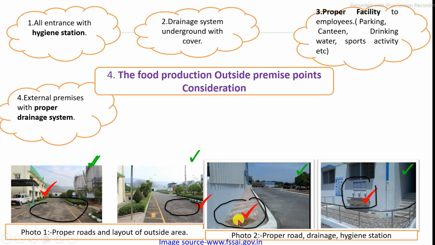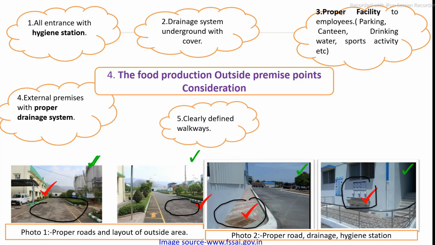You can see in this photo that the drainage system is properly covered, with proper slopes, and the outside of the food processing premises is clean. There should be no accumulation of water, and proper cleaning is carried out.